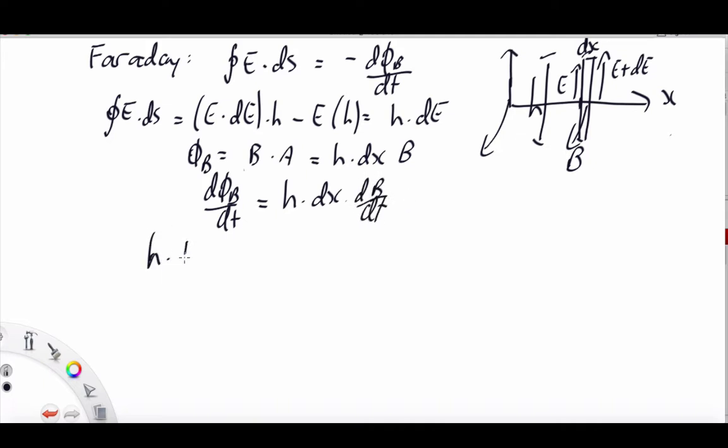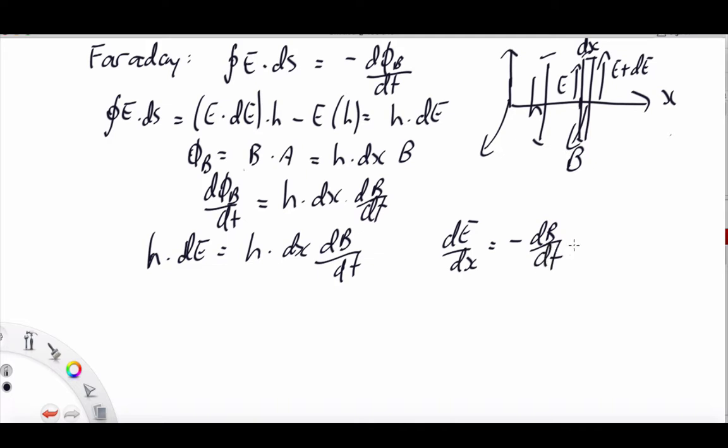So we've got h times dE equals minus h times dx dB dt. So that gives us that dE dx equals minus dB dt. So the change in electric field with distance equals minus the change in magnetic field with time.